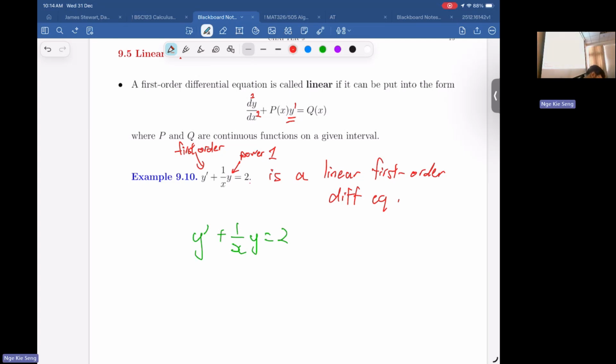Actually, we have to give an extra condition, right? Because we are dividing by x, we should let x not equal to 0. But then we can rearrange this to xy' plus y equals 2x, like this.